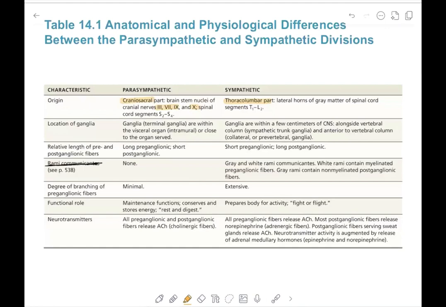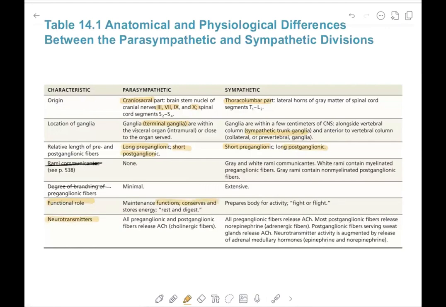The ganglia are terminal ganglia for parasympathetic and close to the vertebral column for sympathetic. And again, these are the lengths of the pre- and postganglionic axons. The degree of branching is not really important, but the functional role and the neurotransmitters are important.